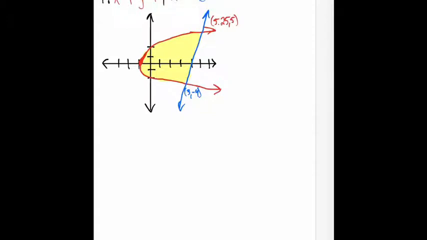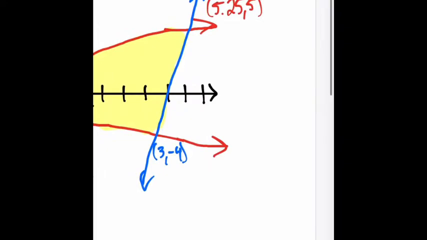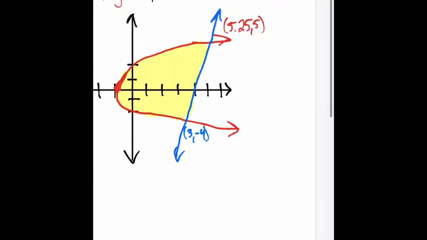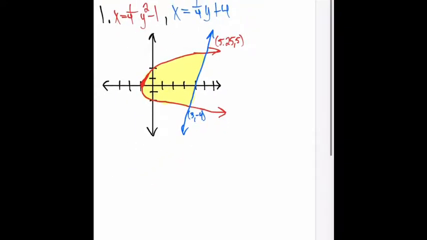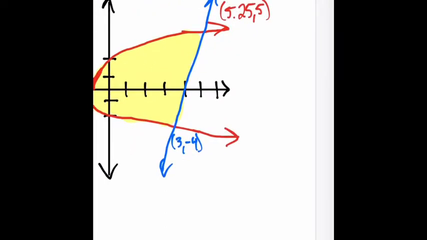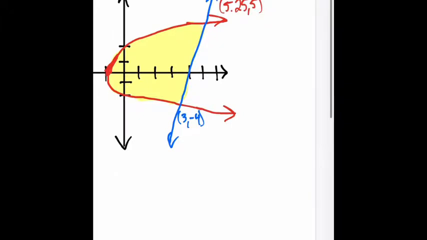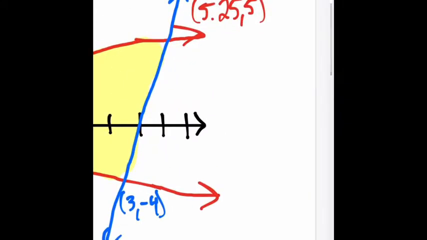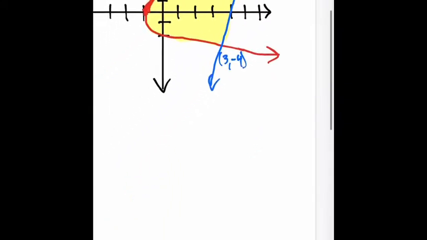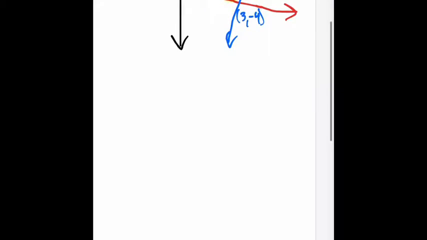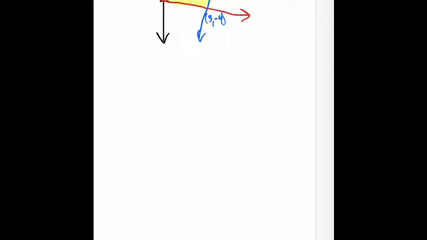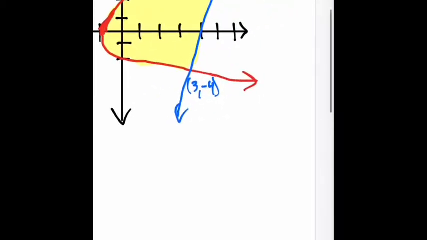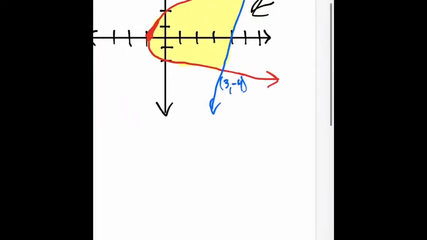Now, in order to solve the area, you need the points of intersection, and you might not be able to graph this by yourself since the two equations are kind of complicated, but if you plug it into your calculator, the points of intersection come out to be 5.25 comma 5 and 3 comma negative 4. To solve this, you take the integral of the right line minus the left line.